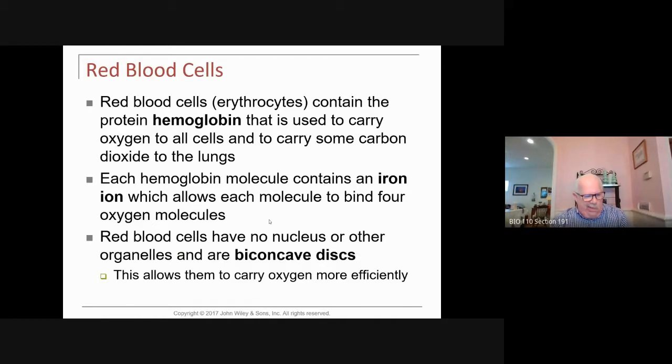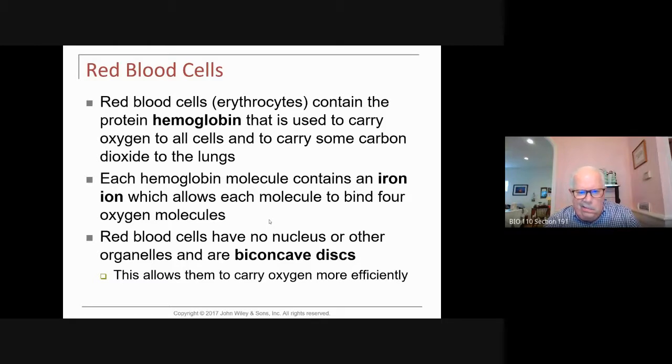Red blood cells. Red blood cells are also called erythrocytes. They contain the protein hemoglobin. Hemoglobin is the protein that carries oxygen to cells, and some hemoglobin will take carbon dioxide away. Each hemoglobin molecule contains the basic mineral iron.